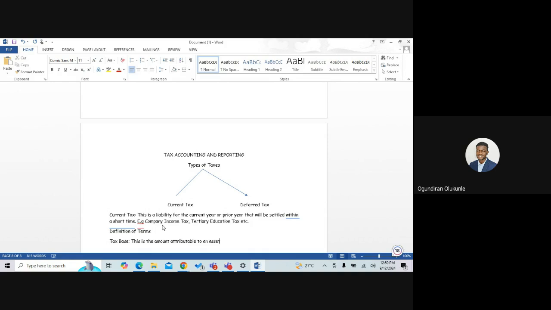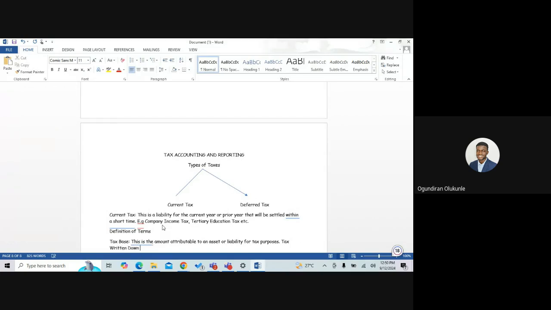Usually in the context of the local tax law, we call that tax written down value.